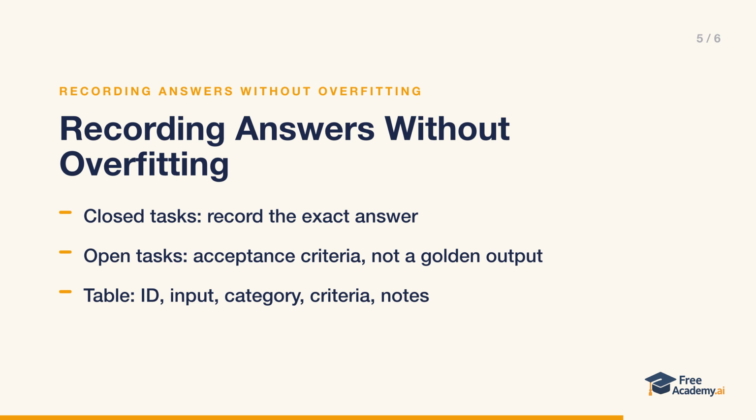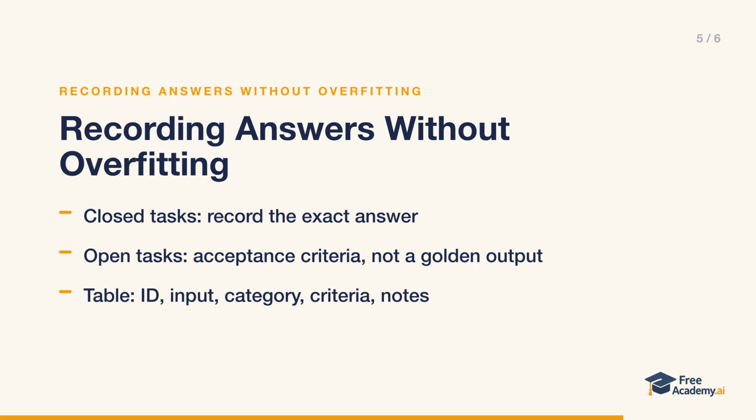But for open-ended tasks like summaries, rewrites, or explanations, there's no single right answer. Don't write one golden output and demand a word-for-word match, or you'll end up optimizing your prompt to mimic your own writing instead of actually being good. Instead, record acceptance criteria, a short list of things a good output must do.